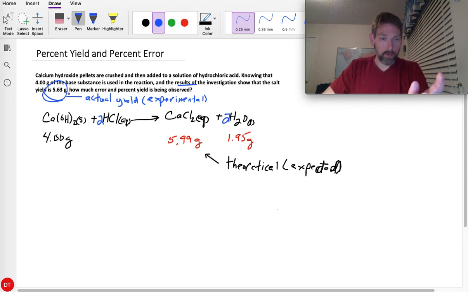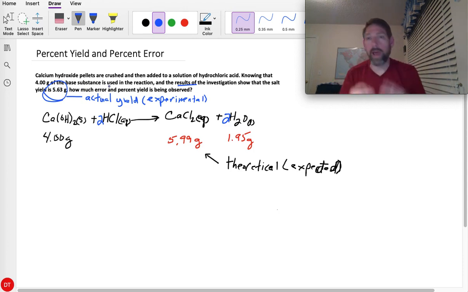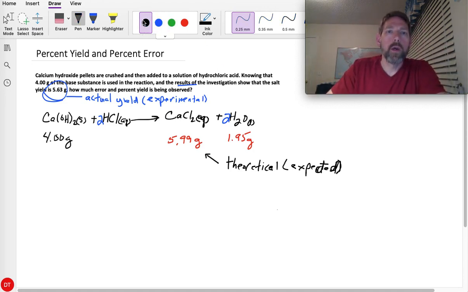In this situation, what's being said is you actually went back there, you mixed everything together, you did all the good stuff, and when you're done, you've got 5.63 grams. So when you were experimenting, you actually did this. This is the 5.63 grams.